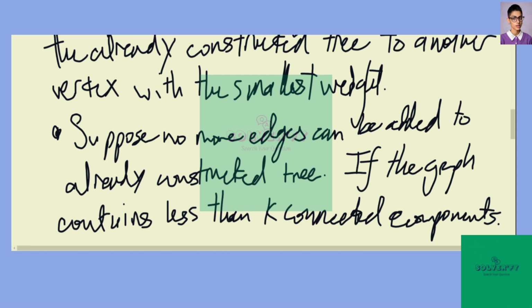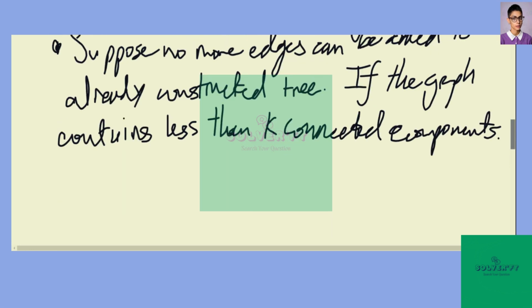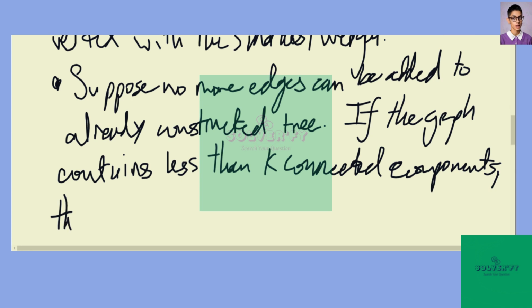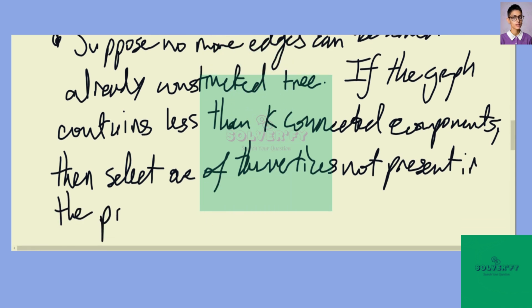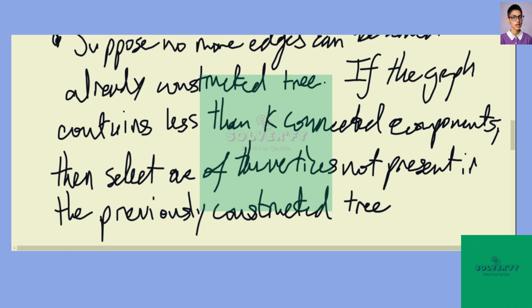Then we'll select one of the vertices that is not present in the previously constructed tree, and repeat previous steps with the new vertex as root.